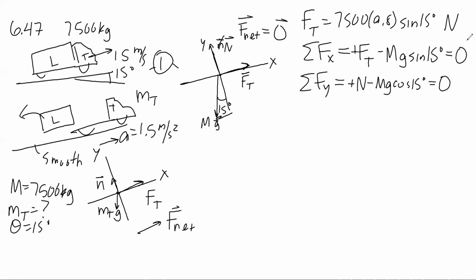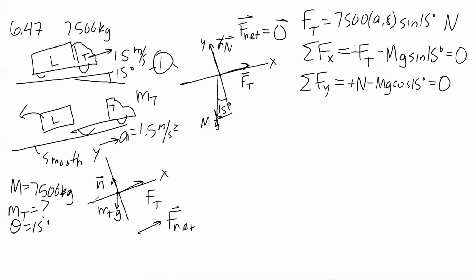Sine of 15 is pretty small. 7,500 times 9.8 is about 73,500 or something like that, so the answer is around 7,380 or something like that. So that's how you find the force of the truck.